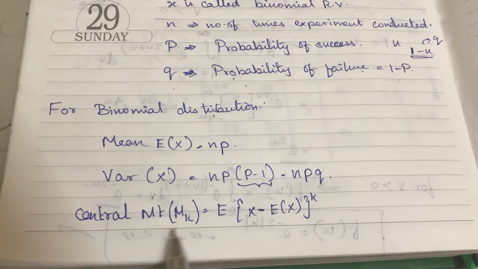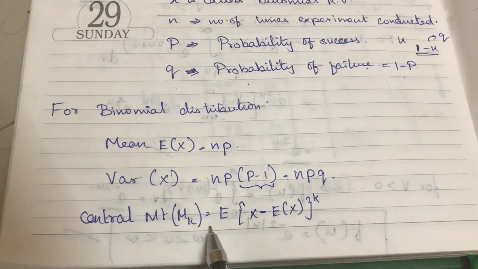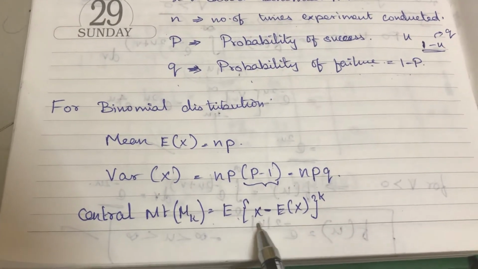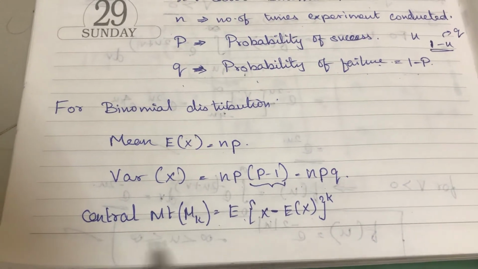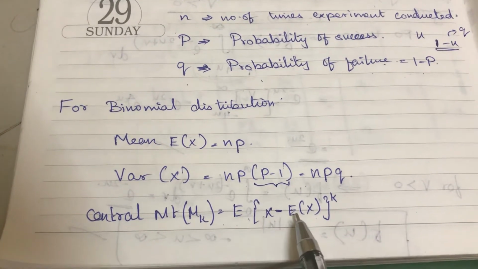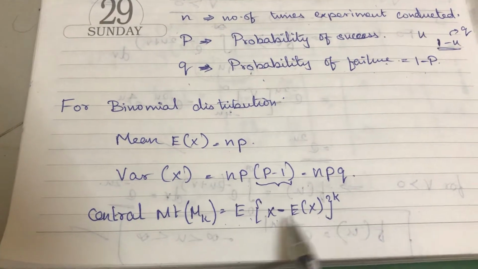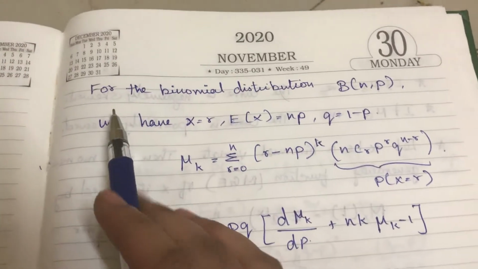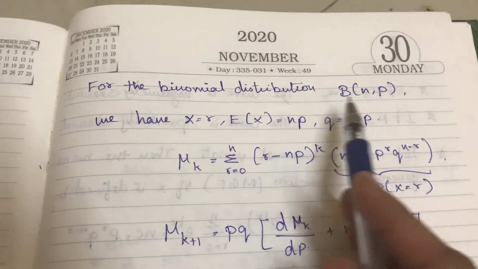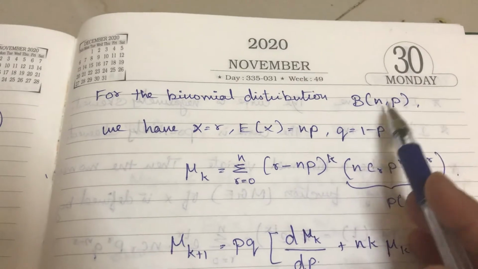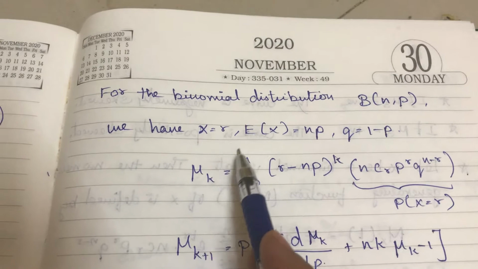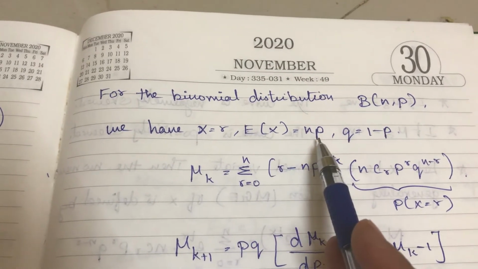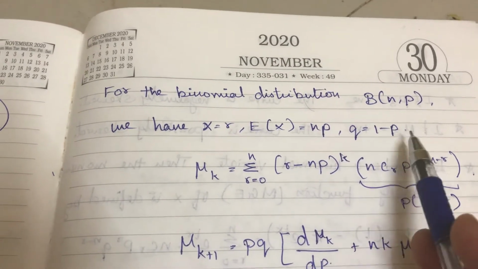Next, the central moment, which is equal to E of (x minus E of x) the whole power k. It is like a formula. For the binomial distribution B(n, p), with the number of successes x equal to r, E of x is np and q is equal to 1 minus p.